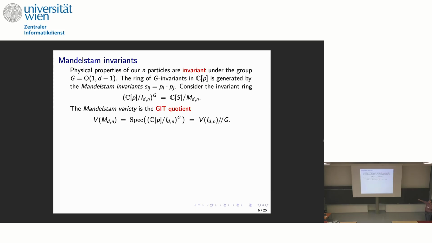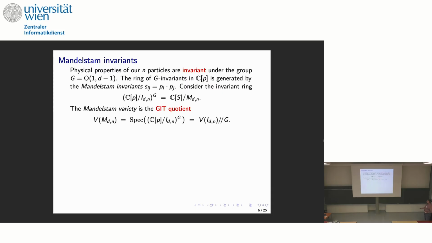Okay, so algebraically speaking, we're looking at our polynomial ring, modulo our ideal. This quotient is an integral domain. And we take the ring of invariants, and then the ring of invariants is the polynomial ring in these variables Sij modulo a certain ideal. We're going to call this the Mandelstam ideal, and the corresponding variety we're going to call the Mandelstam variety.